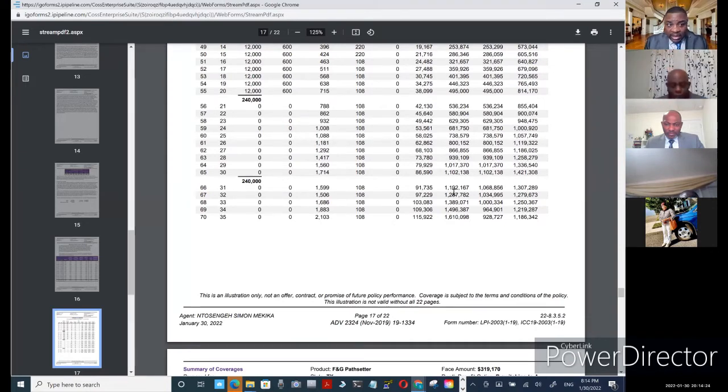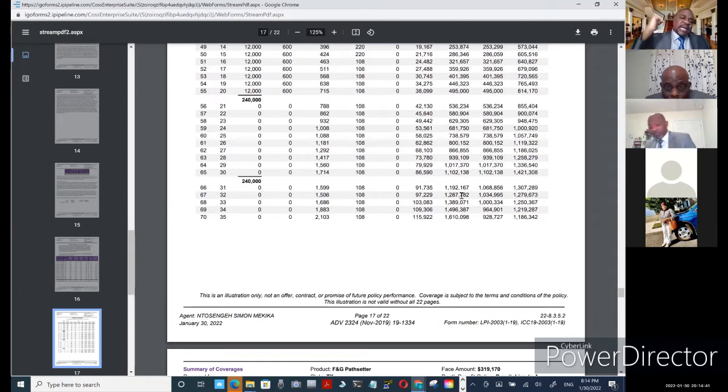But see how much money you've been charged. Just $1,599 plus $108. That's less than $2,000 that you've been charged. If you were to make that $92,000 in any investment out there, take the tax on $92,000 and tell me if it will be more than this or less than this.